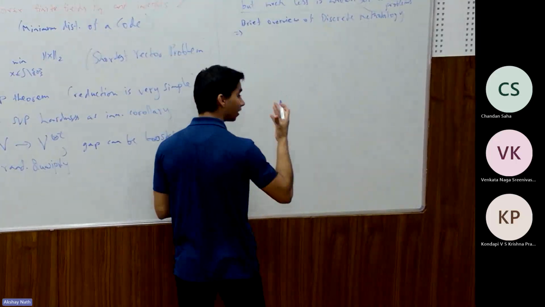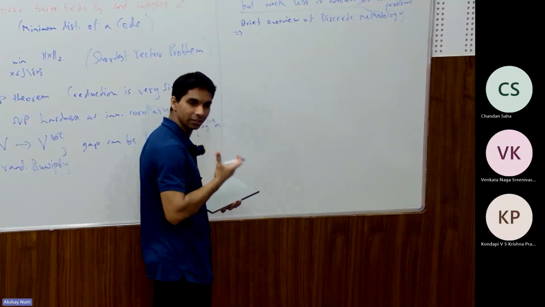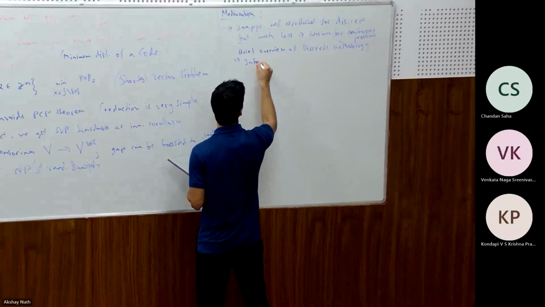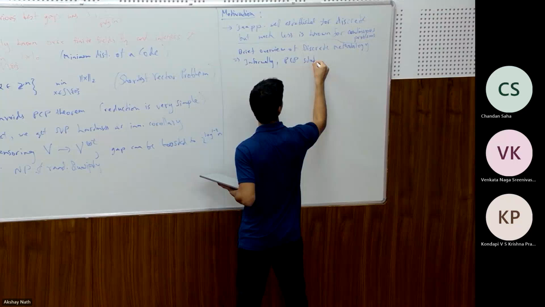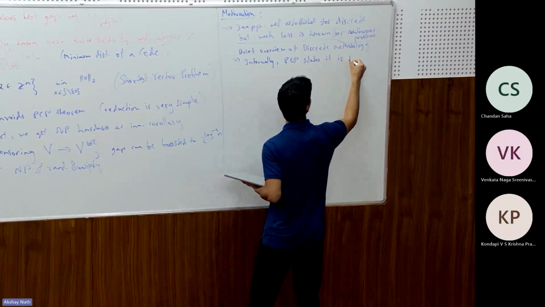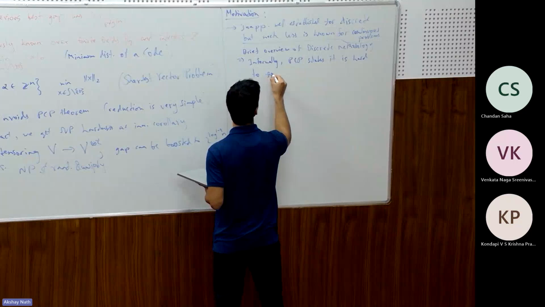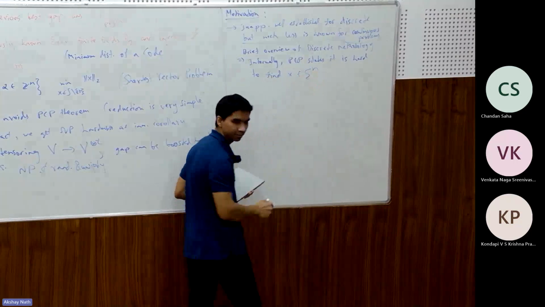Yeah, so brief overview of hardness for discrete problems. It generally all starts with the PCP theorem, which informally states it is hard to find x in some discrete set, sigma to the n.